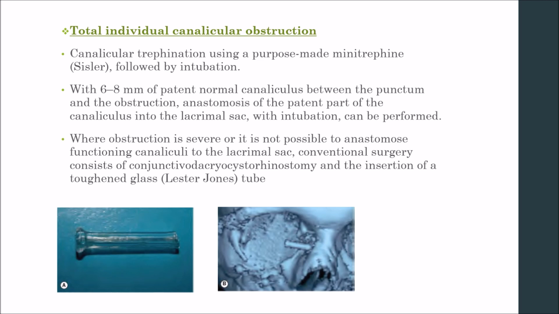With 6 to 8 millimeters of patent normal canaliculus between the punctum and the obstruction, anastomosis of a patent part of the canaliculus into the lacrimal sac with intubation can be performed. Where obstruction is severe or it is not possible to anastomose functioning canaliculi to the lacrimal sac, conventional surgery consists of conjunctivodacryocystorhinostomy and the insertion of a Jones glass tube, which is the Lester-Jones tube.